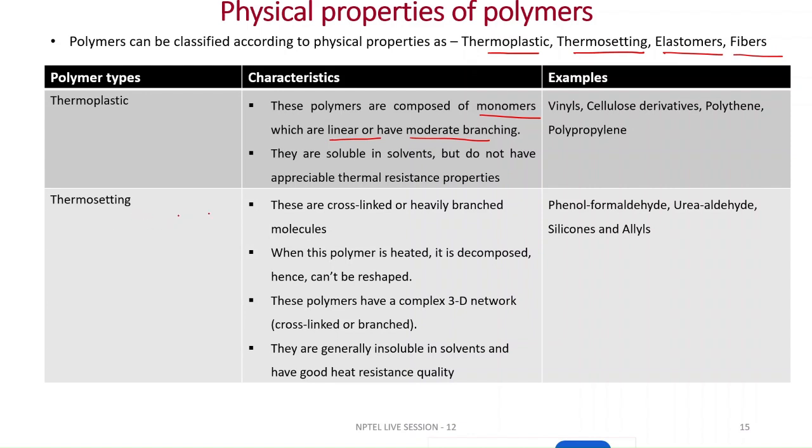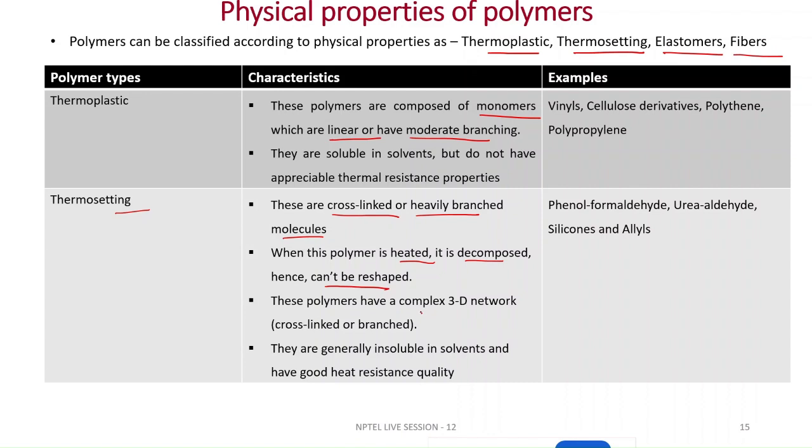Whereas thermosetting polymers have a very high amount of cross-linked and heavily branched molecules. When they are heated, they will decompose, but they cannot be reshaped again. So this is thermosetting. Once it is heated and distorted, it can't be reformed or reshaped to the previous form.